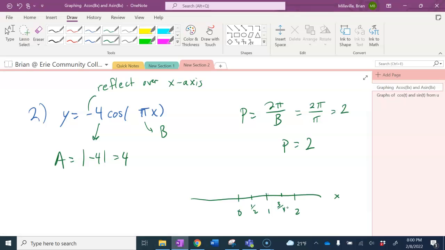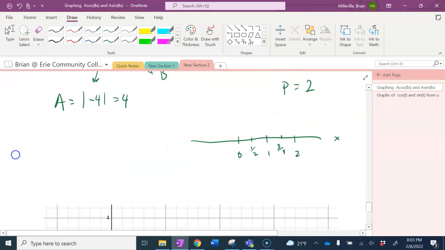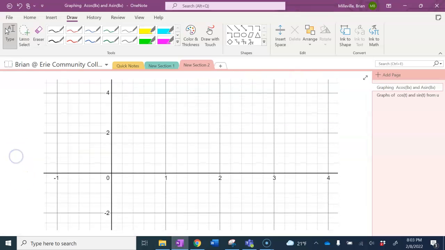All right, so let's get some graph paper, and then we will plot that graph using the 5 key points for cosine. All right, so continuing, let's plot our key points down below over, again, intervals of size 2. All right, so I got some graph paper here with an appropriate scale. So one thing we got to keep in mind is cosine normally starts at height 1.